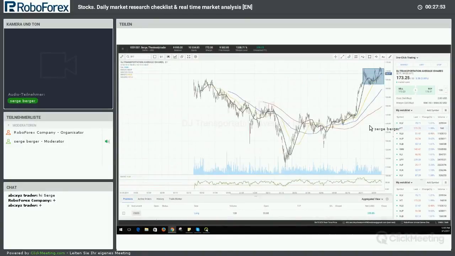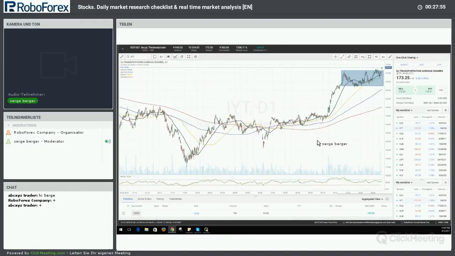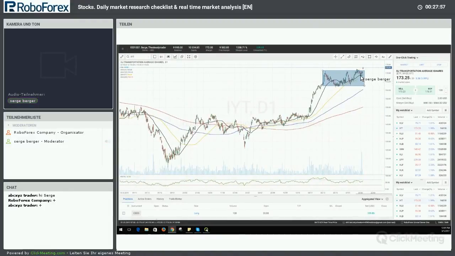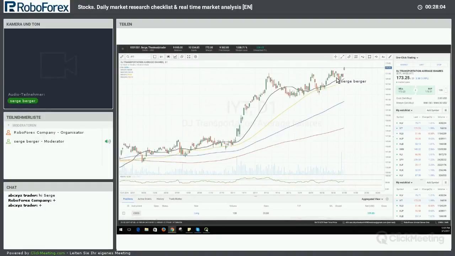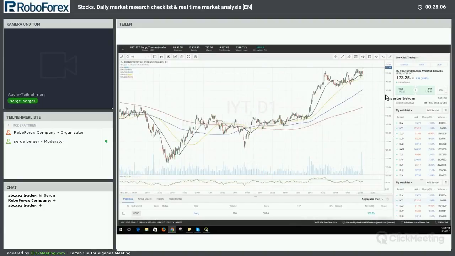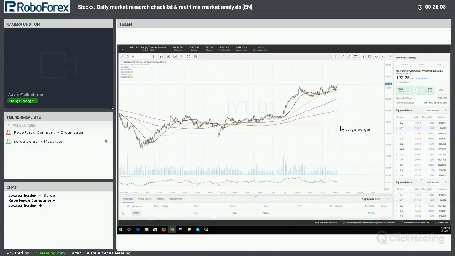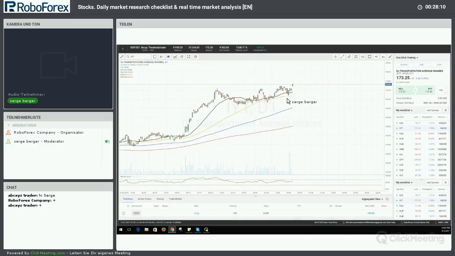One of the sectors that I highlighted, I believe last week on Friday, is the transportation stocks. What I talked about last Friday is that we had actually seen some relative weakness in transportation stocks versus the broader stock market last week, but then very quickly, today is Wednesday, right?